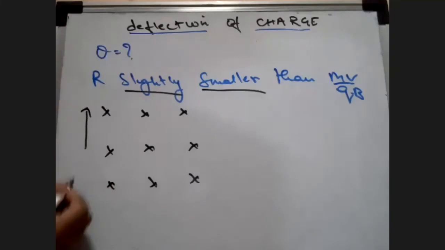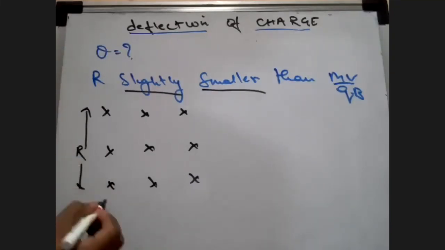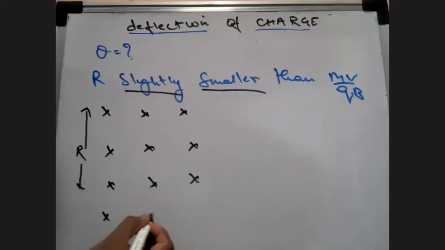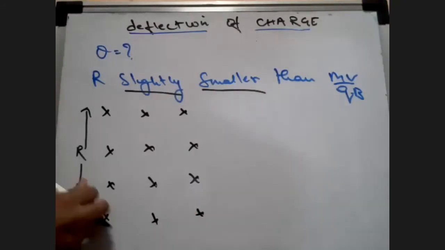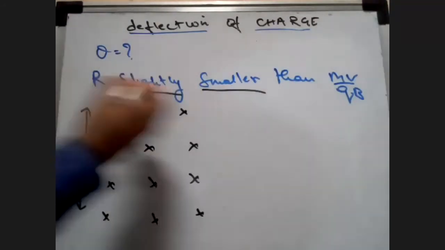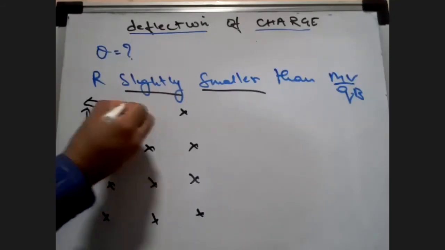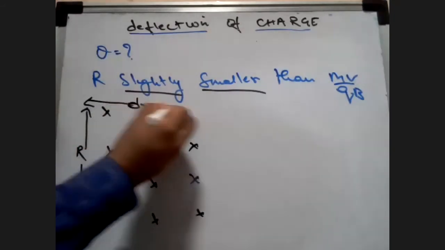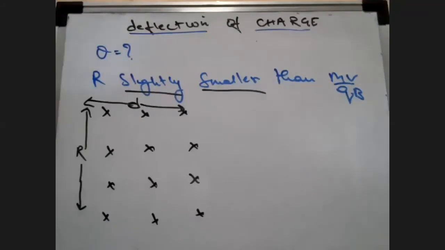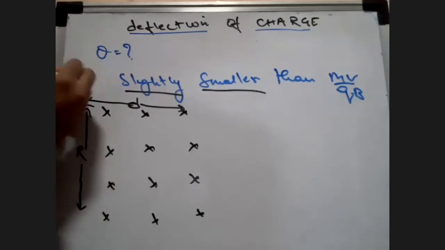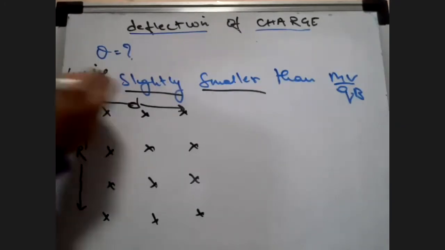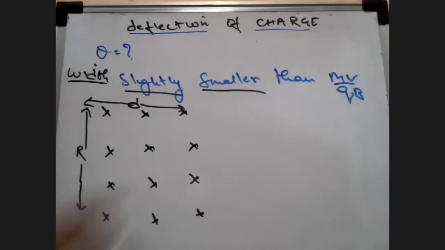Students, please listen to me. My radius is going to be this much, and my d is the width of the magnetic field. The width of the magnetic field is slightly smaller than mv upon qb.